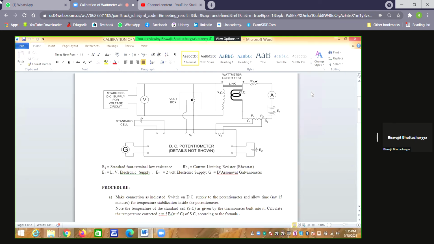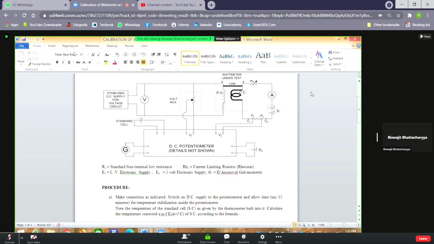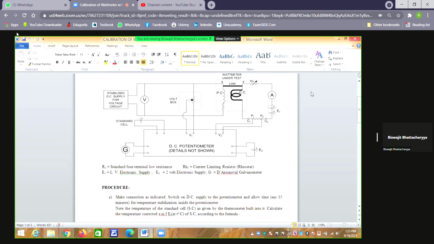We want that the electrostatic force, or electrostatic torque, should not come. Only the deflecting torque that arises due to the two coil currents exists in the setup. So how to remove the electrostatic torque?